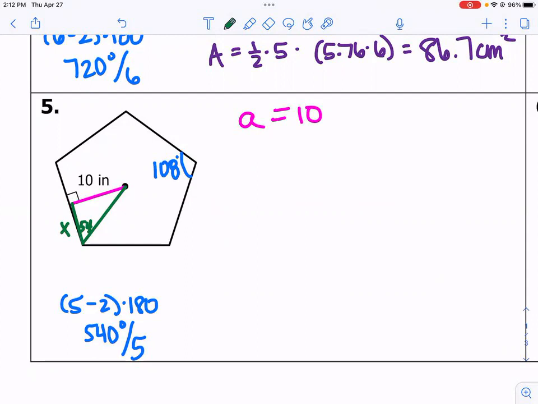So now what's going to happen? We are going to have to use SOHCAHTOA. The tangent of 54 degrees is opposite over adjacent.